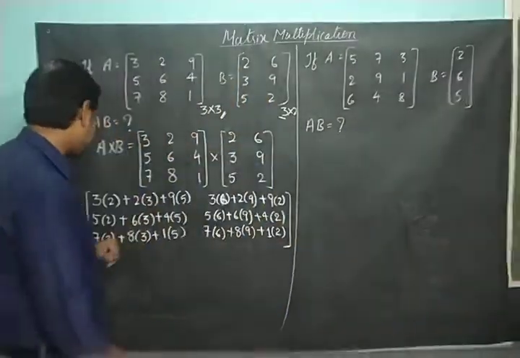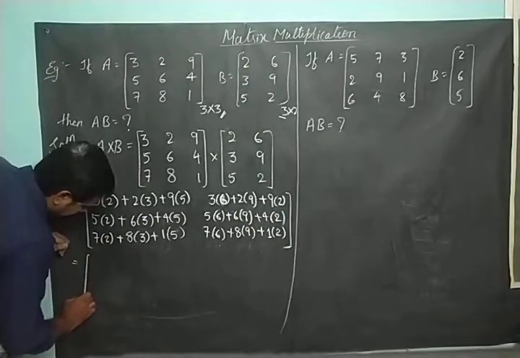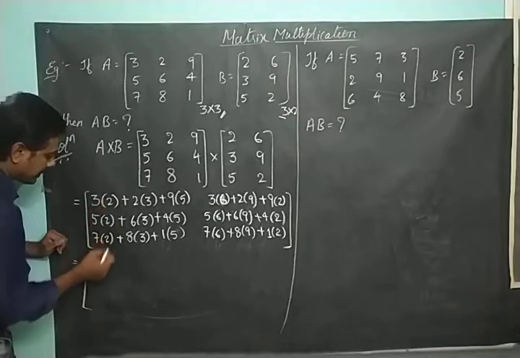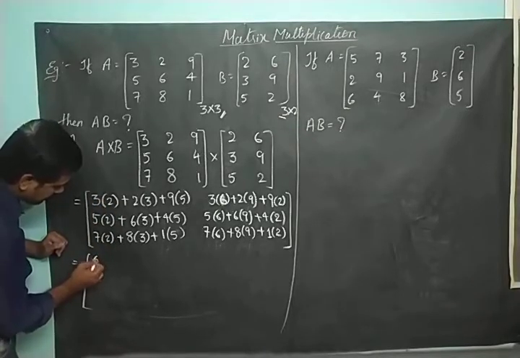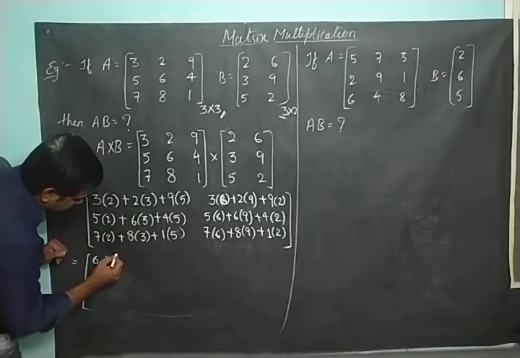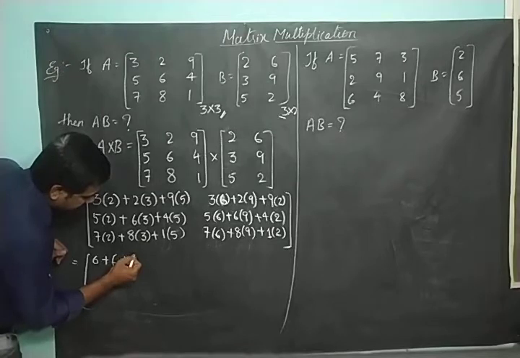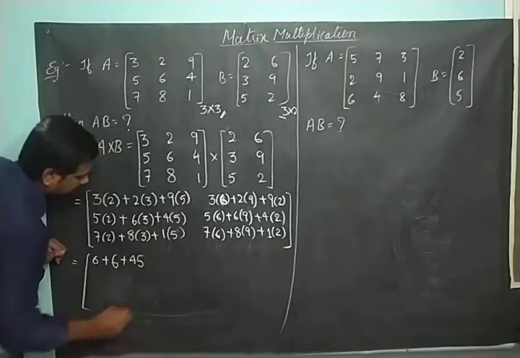Now let us simplify this. What is the value we are getting here? 3 into 2 is 6, plus 2 into 3 is once again 6, plus 9 into 5 is 45.